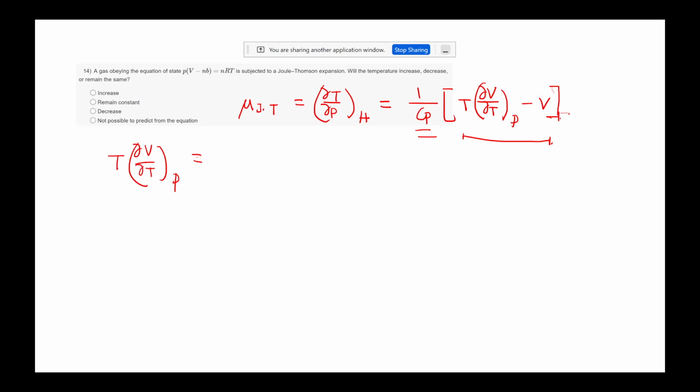Take the equation of state and arrange it in such a way that on one side will be V, and the other side can be written in terms of nRT. Let me write it then. V minus nb will be nRT by P, and if you do this, then V equals nRT by P plus nb.